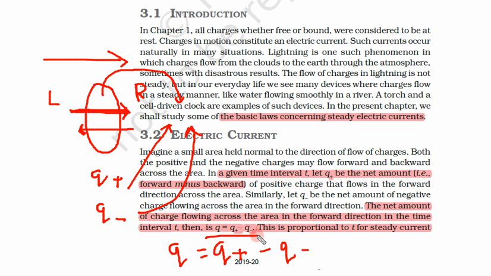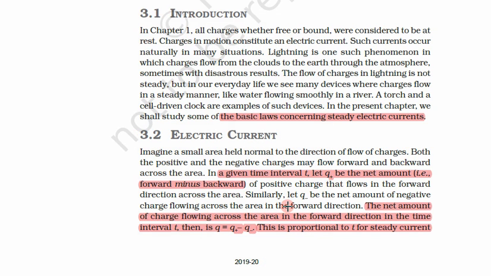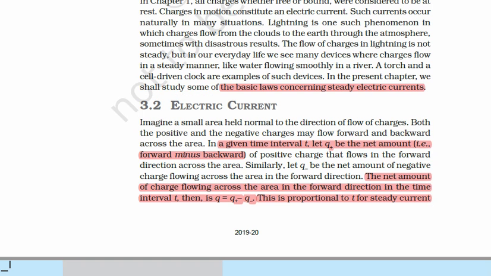So here it is. And how much time? In t time. So what is the current? What is the rate at which charges have come here from left to right? Current is the rate of moving charges.